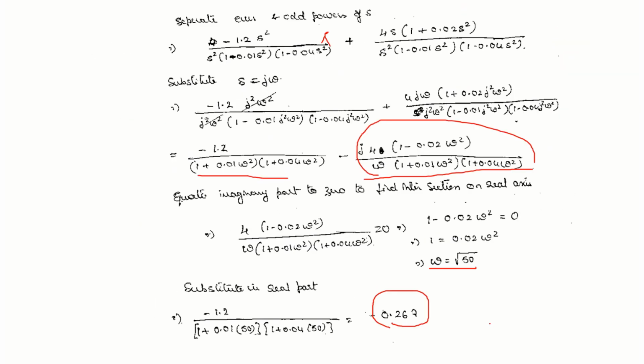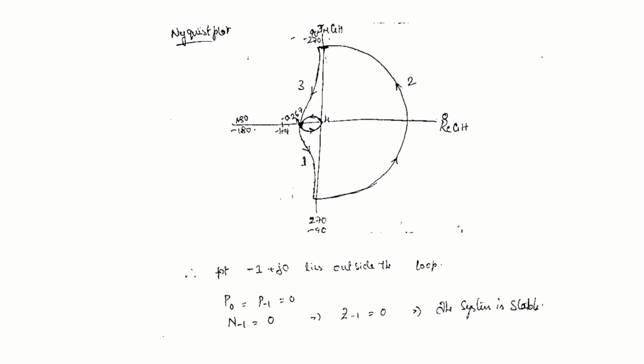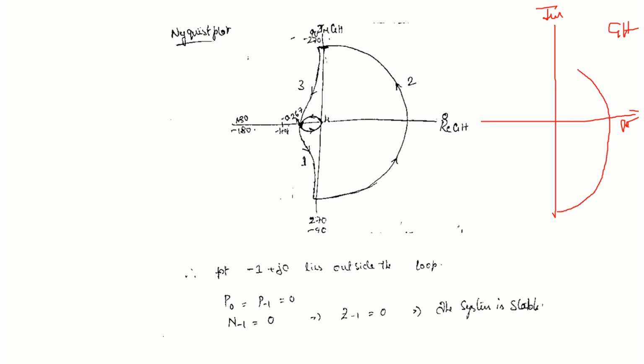Now I have everything, I can draw the plot. Write GH plane, this you call real, this you call imaginary. Minus 90, plus 90, sorry, I have not drawn it properly. Then you have plus 270, minus 270. This is your section 4.